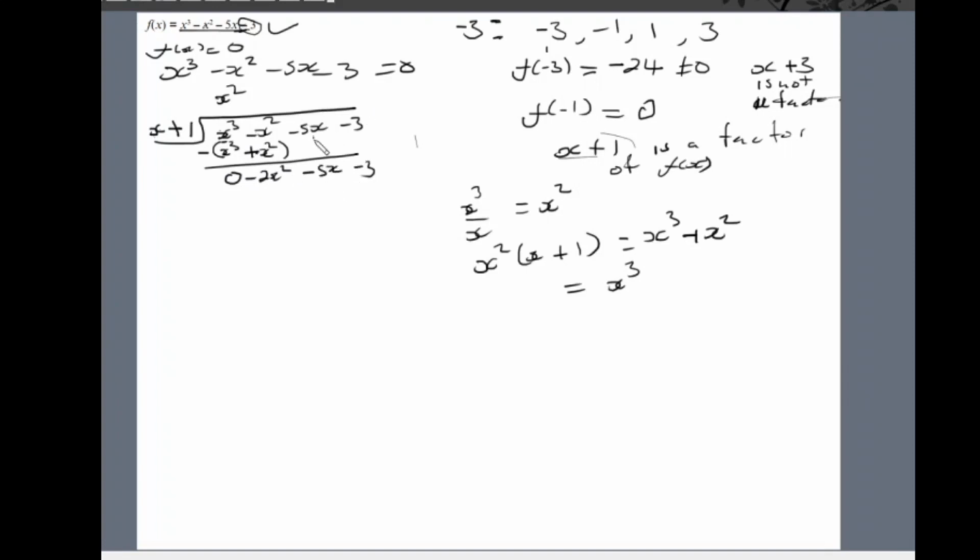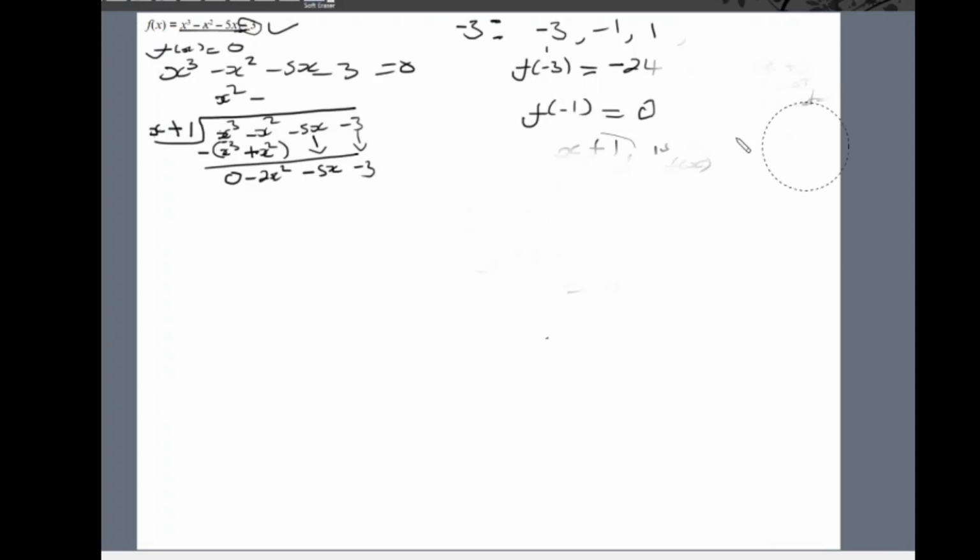And then after, I'll divide minus 2x squared by x, which will give me minus 2x.